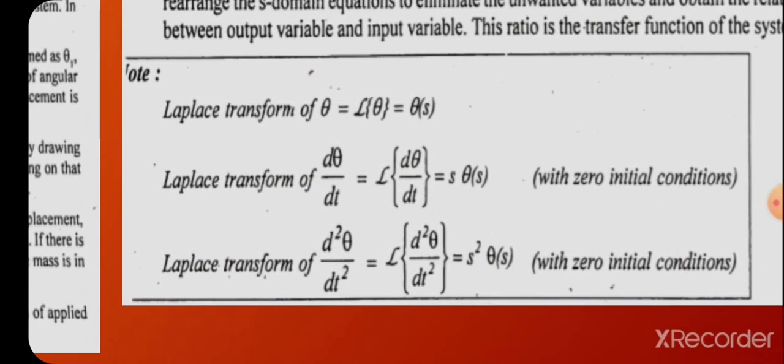So these are all the guidelines to solve the problem, and you will go through them when you are doing a problem. These guidelines are similar to what we discussed in the case of mechanical translational systems.